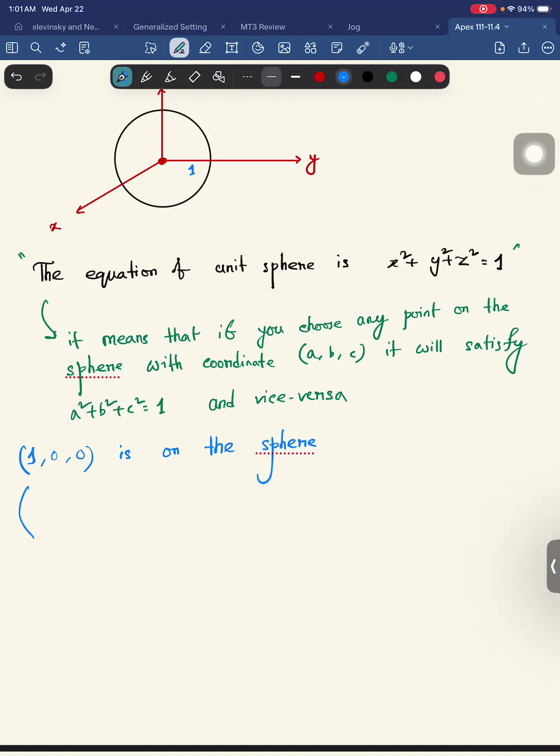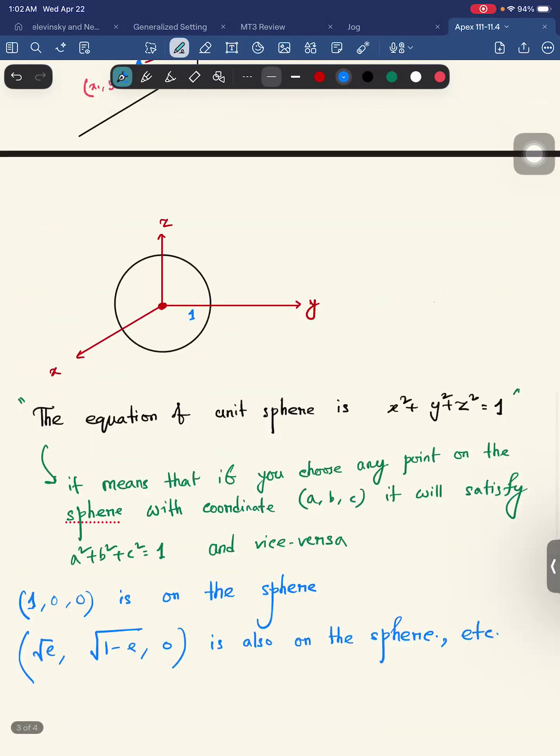Something even more horrible, like (square root of e, square root of 1 minus e, 0), is also on the sphere, e being the exponential. Make sure you understand what I mean by the equation of a sphere. So this is the equation of the unit sphere.